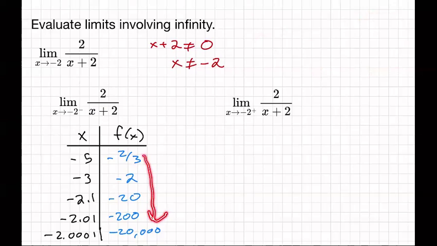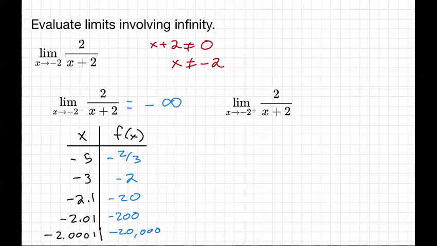And as these values grow, the way that we'll sum that up mathematically is using our infinity symbol. As we approach -2 from the left, we're going to approach not just infinity, we're actually going to approach negative infinity because all those values are growing in the negative direction. Now, it won't happen all the time, but there's different situations where we should expect the result of infinity.